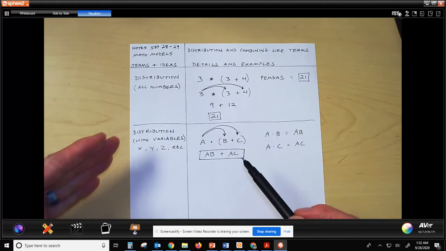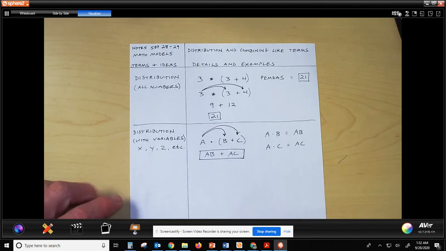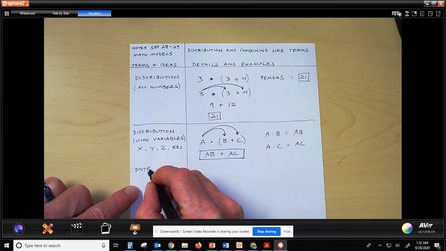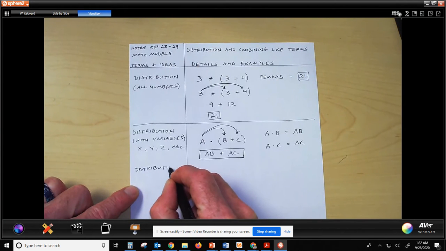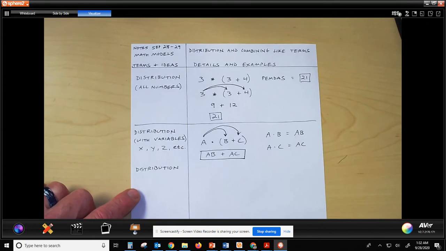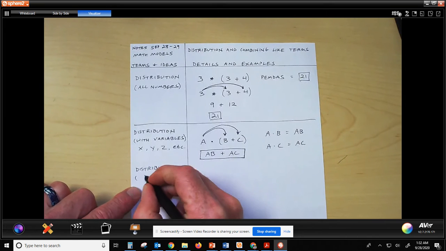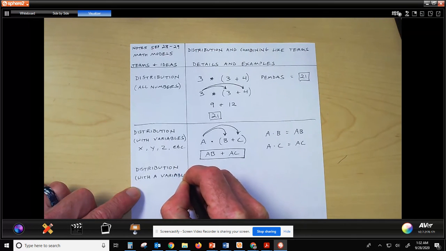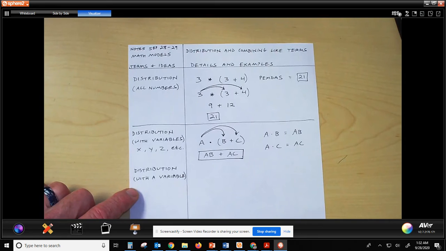Okay, so let's bring this back from a general example to another distribution, and with a variable. And this is our example.